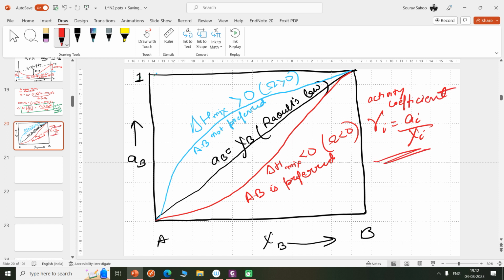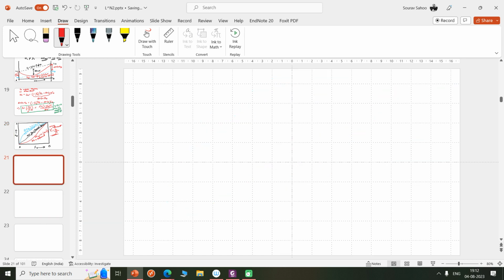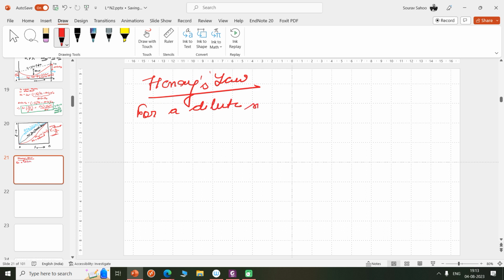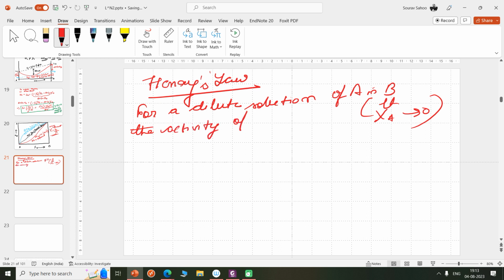Okay, and Henry's law tells us for a dilute solution of A in B, which means my limit chi A tends to 0, the activity coefficient of A in B. So A is the solute here, right?